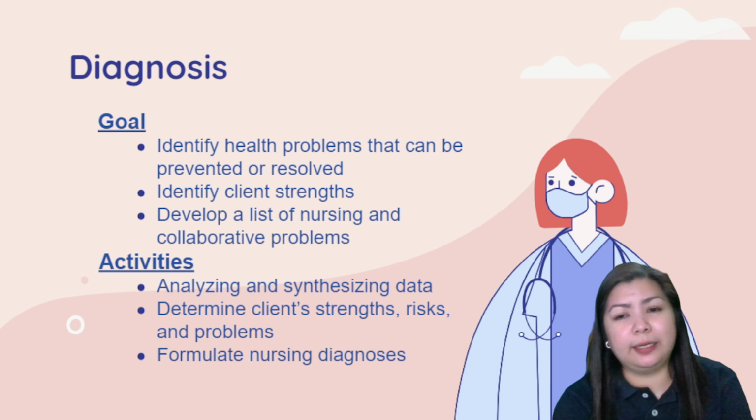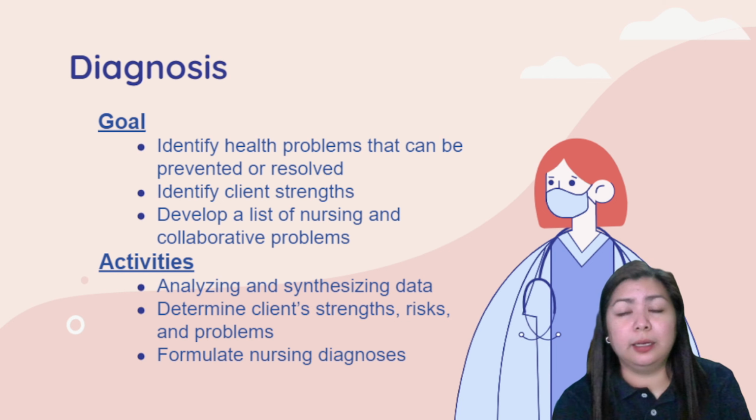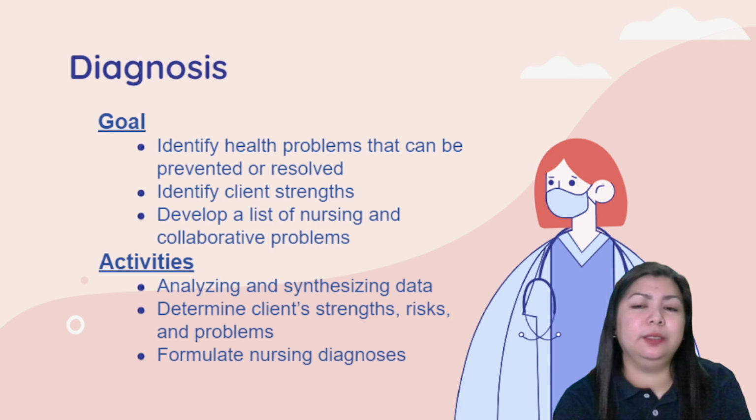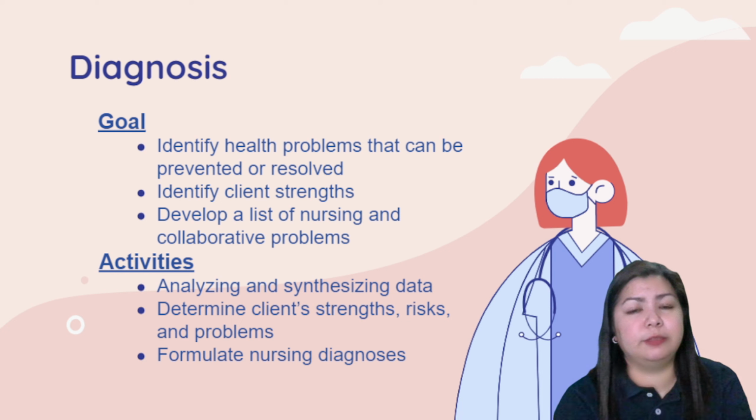And at the end, of course, you will be able to develop a list of nursing and collaborative problems. When we say nursing problems, these are problems that a nurse can provide interventions to. Collaborative problems require the help of the different members of the healthcare team.